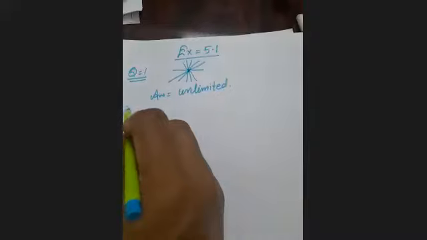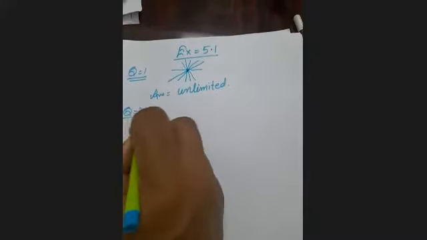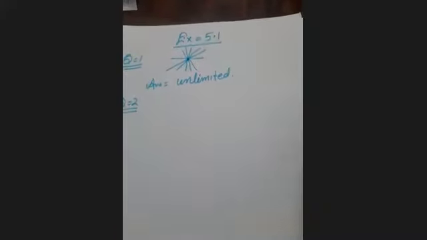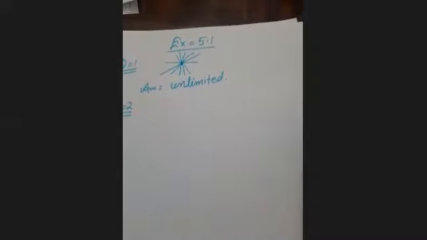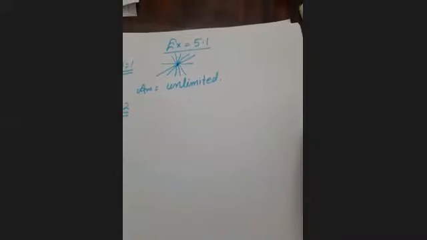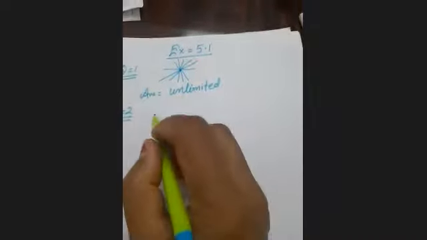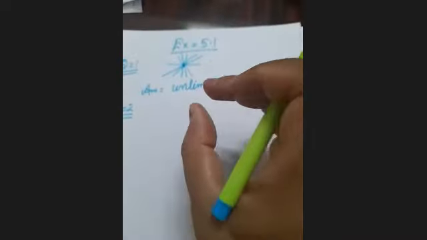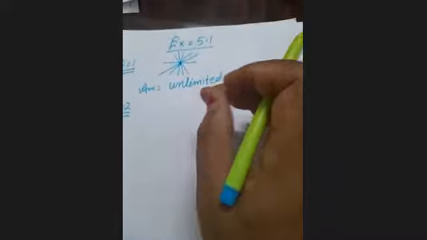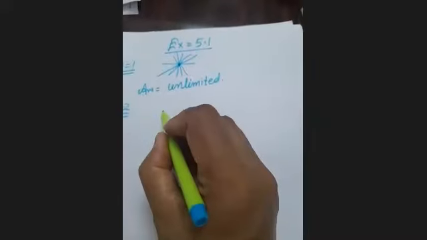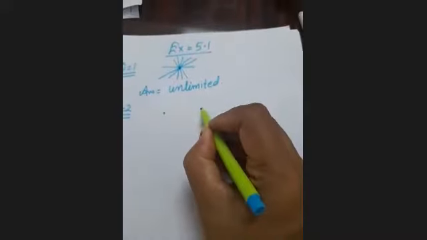Second question. How many lines can be drawn through two different given points? In the first question, we had only 1 point. Now we have 2 points. Suppose you have 2 points.